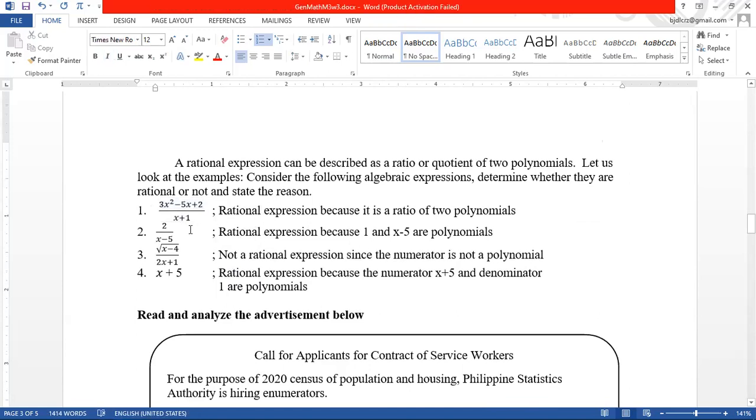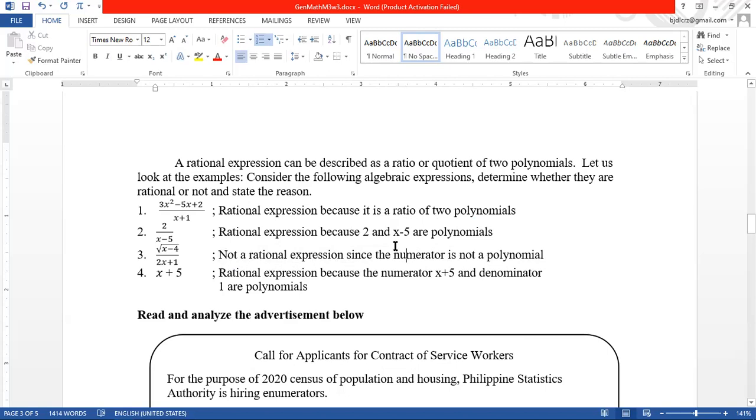Next, 2 over x minus 5. It is also a rational expression because 2 and x minus 5 are polynomials. Next, square root of x minus 4 over 2x plus 1. It is not a rational expression since the numerator is not a polynomial.